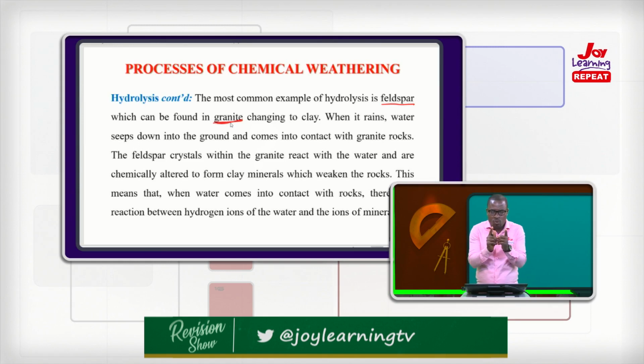All because a reaction has taken place. And of course, it is an example of chemical weathering. As I keep telling you, in chemical weathering, the minerals will change after the reaction has taken place. So the feldspar changes to clay.